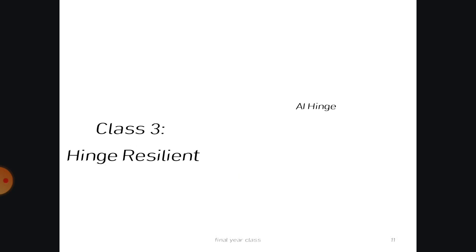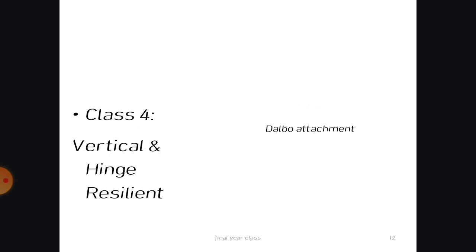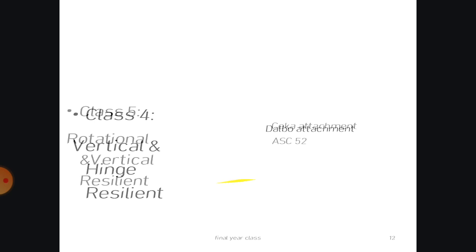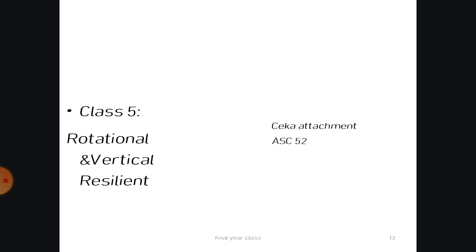For class 3, again it is resilient but allows a hinge movement. So since it is hinge, AI hinge is the example for the attachments which come under class 3 category. And class 4, as we had seen earlier, it allows both vertical as well as hinge movement. An example for class 4 is Dalbo attachment. And class 5, again it permits rotational and vertical movement for the attachment.